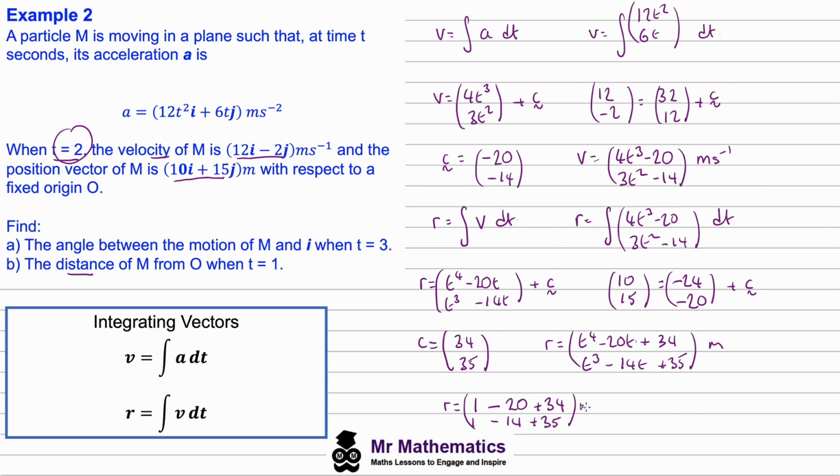So our displacement, working out our i and j components, will be 15 in the i direction and 22 in the j direction. But because it wants distance and not displacement, we need to find the magnitude of this vector. So we'll take the square root of 15 squared plus 22 squared, and we'll get a distance of approximately 26.62 meters.